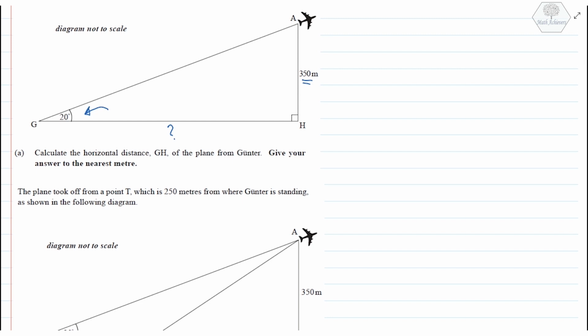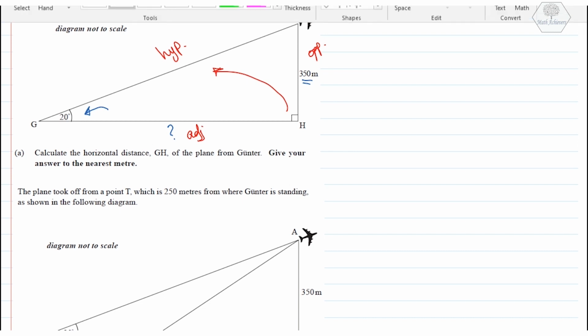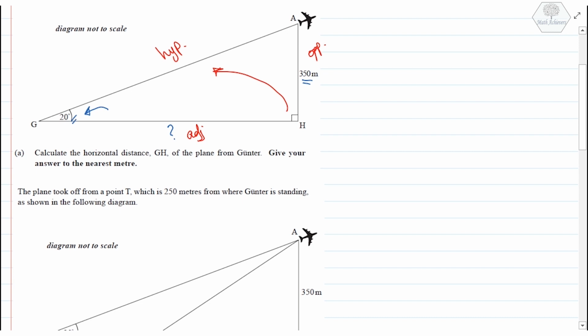Using the trigonometric ratios, we start first by labeling our sides. This would be the hypotenuse, this side is the opposite to the angle, and this side is the adjacent. Now, since I have the angle and the opposite and I want to find the adjacent, I will use tan.